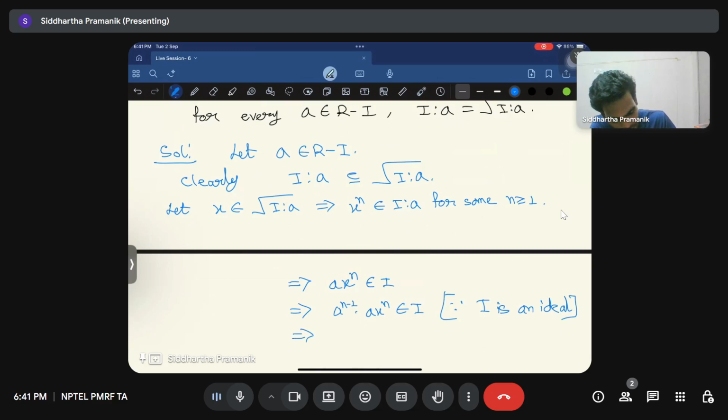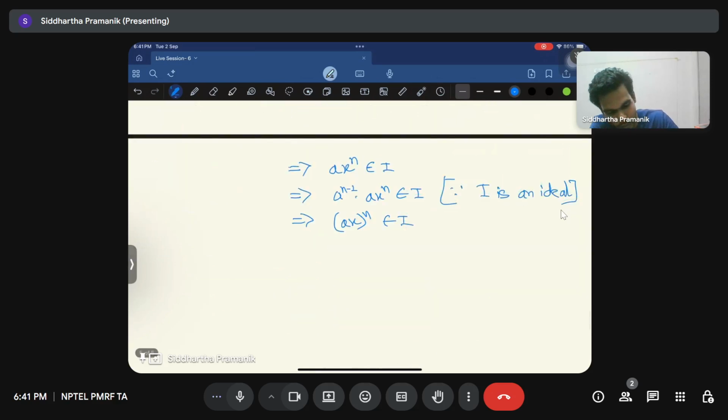So this implies ax whole power n is in I. So some power of ax is in I. That will imply the element ax is in the radical of I. And the radical of I is the same as I, which is what is given. So this implies x belongs to I colon a.